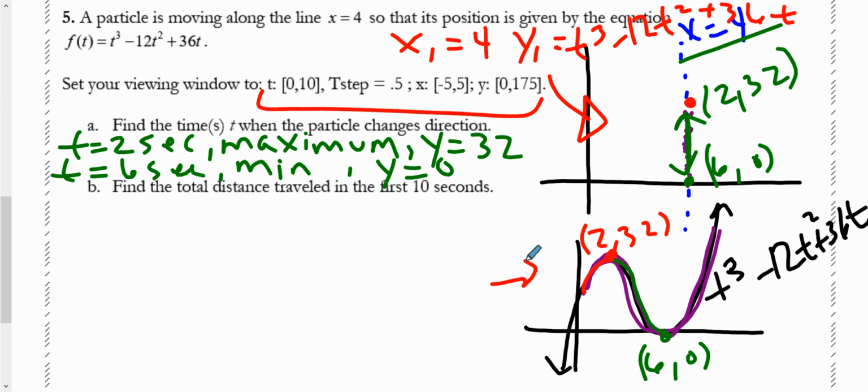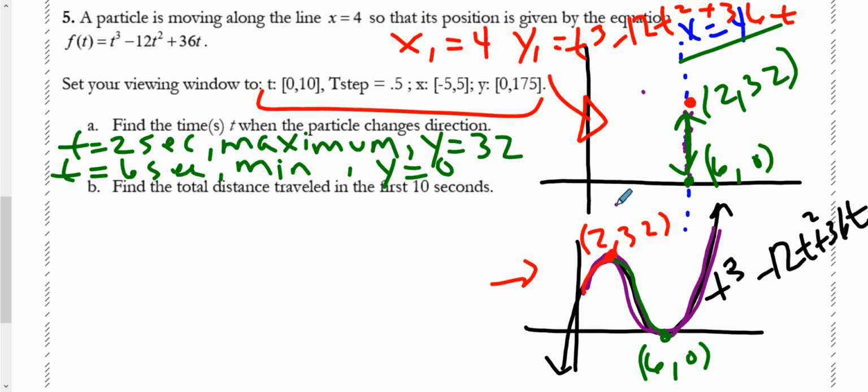So then it says find the total distance traveled in the first 10 seconds. Okay, so we can do that again on the parametric mode, over here, or we can do that here on the function mode. It's up to you.